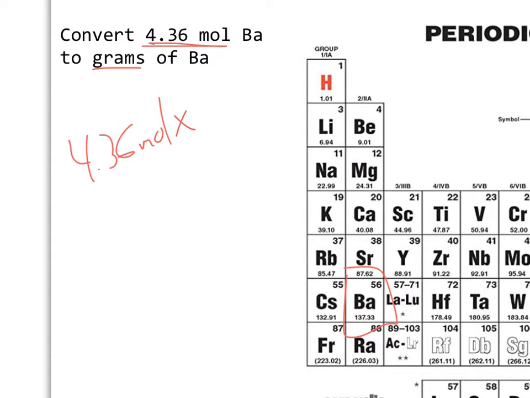This is just an element. All right, so 137.33. All right, these are all elements so far, so we haven't had to do a compound.